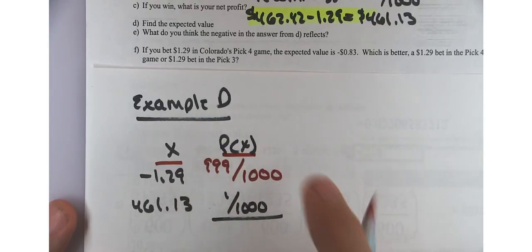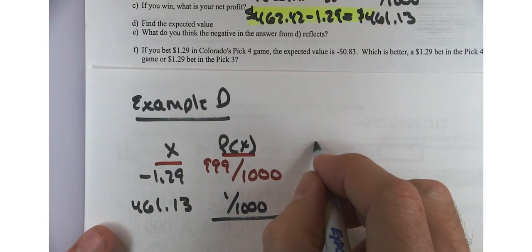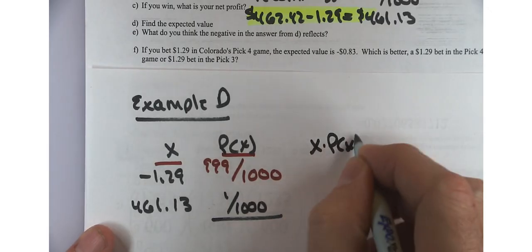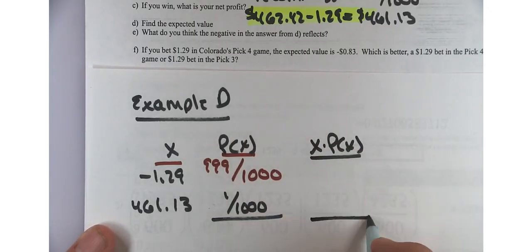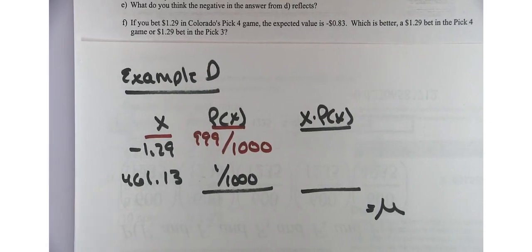Try and fill it in. You're going to need to do two things. You need to find x times P of x, and you can do that on your calculator. And then you're going to need to add it up. And that total is going to be mu. So I'll pause things here for a second.